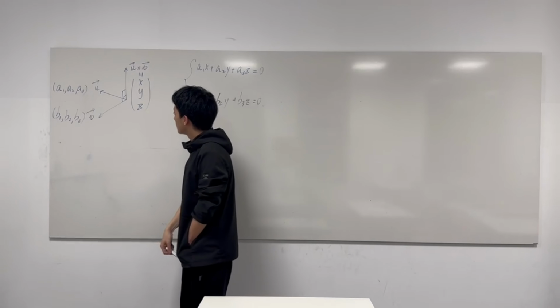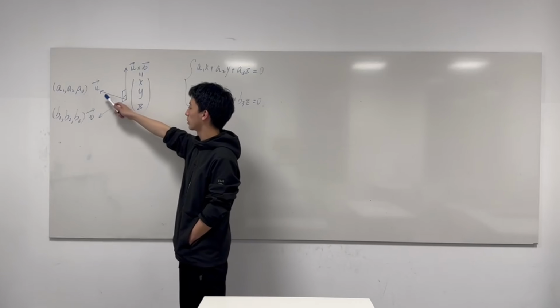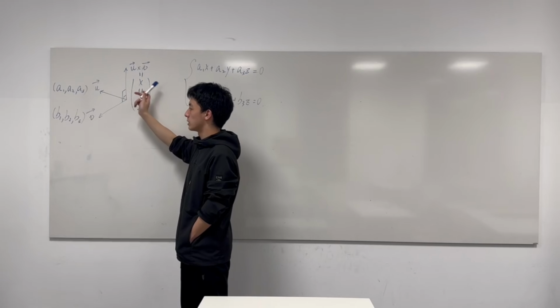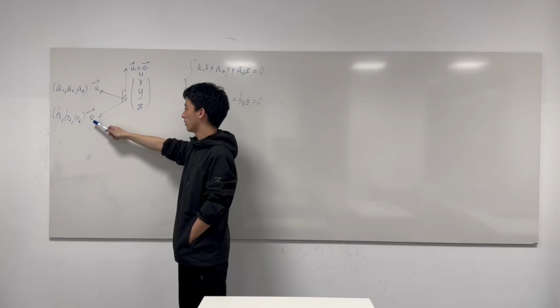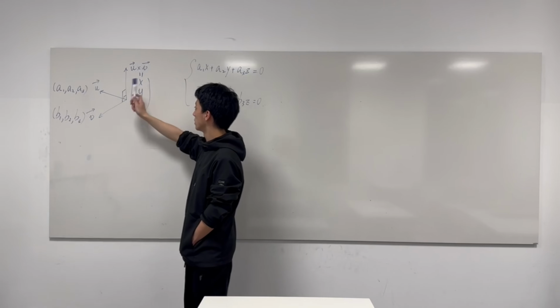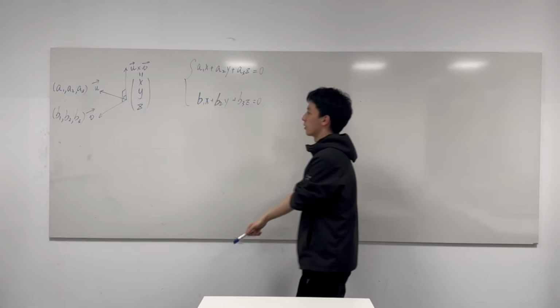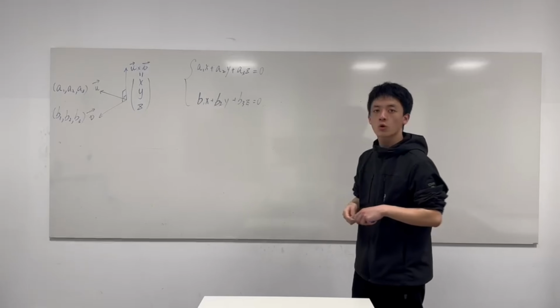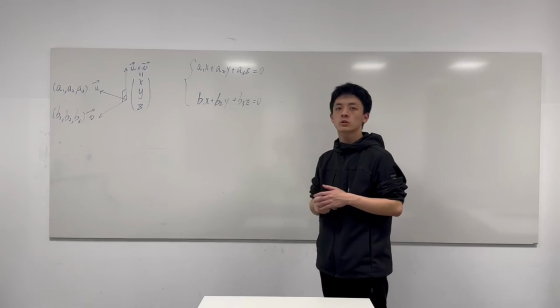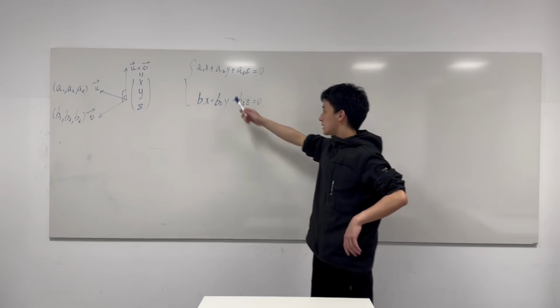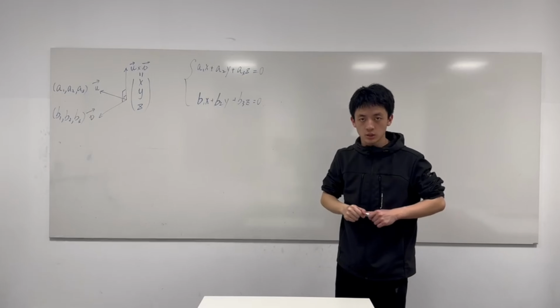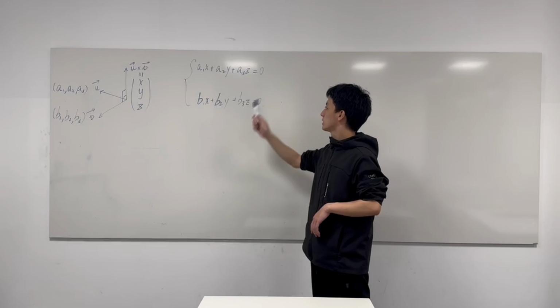So we can say that the dot product of U and this result vector is equal to 0, and the dot product of V and the result vector is also 0. According to the formula for dot product, we can get these two equations. So right now we can solve the system.